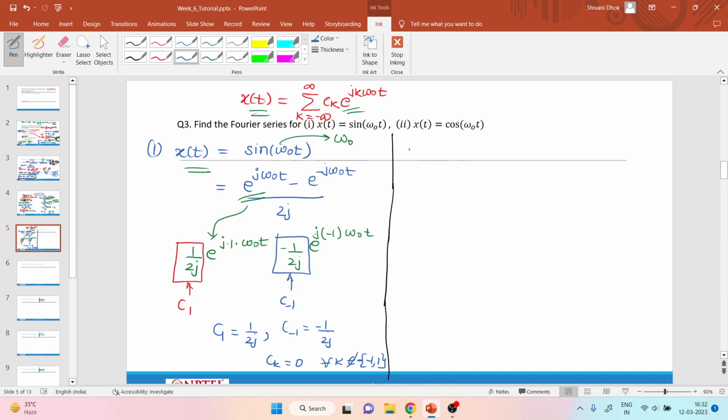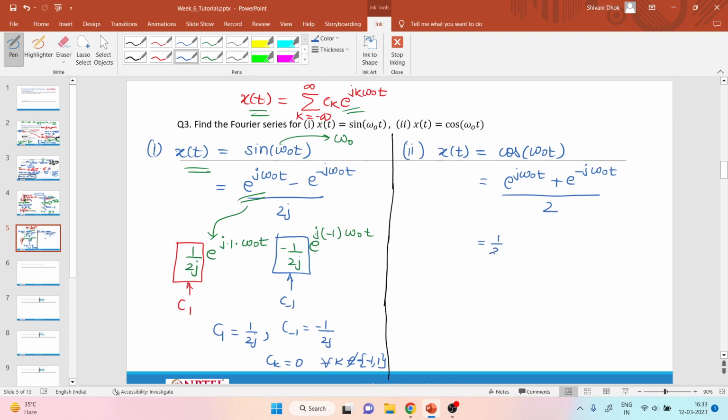Similarly, I can do the same thing for cos, that is, I have x of t equal to cos of omega naught t, and this I can write as e power j omega naught t plus e power minus j omega naught t upon 2.